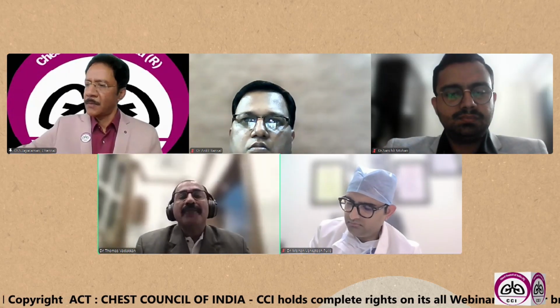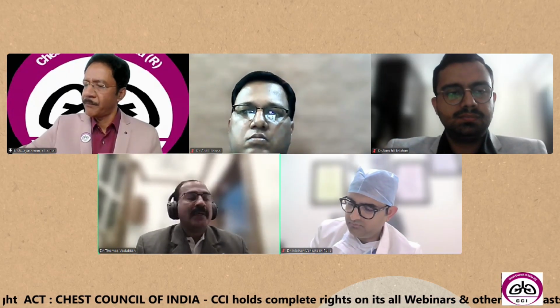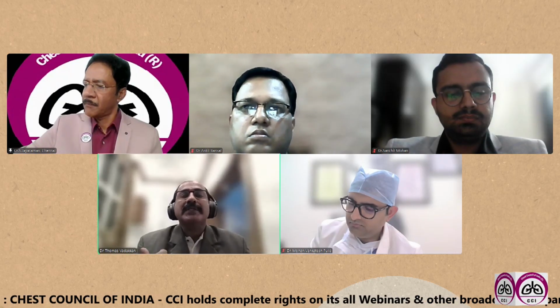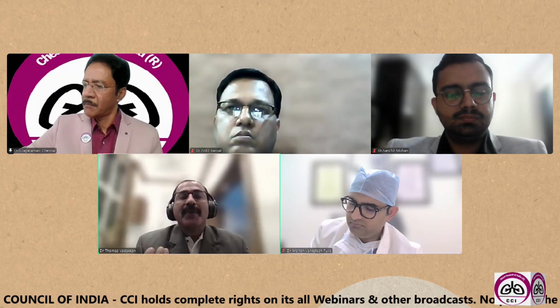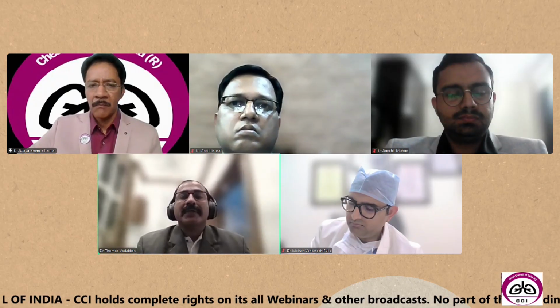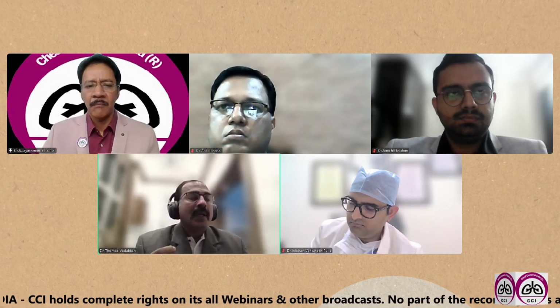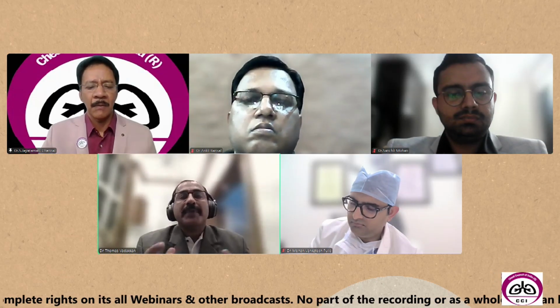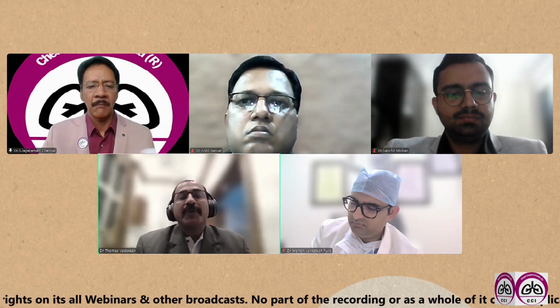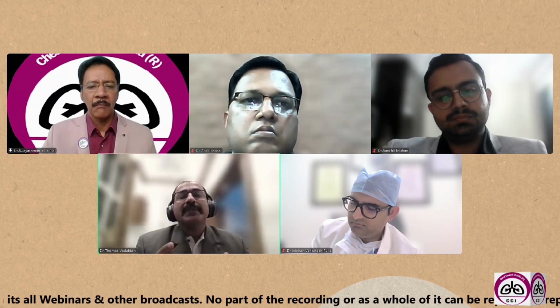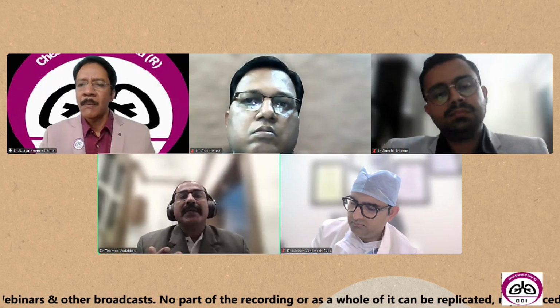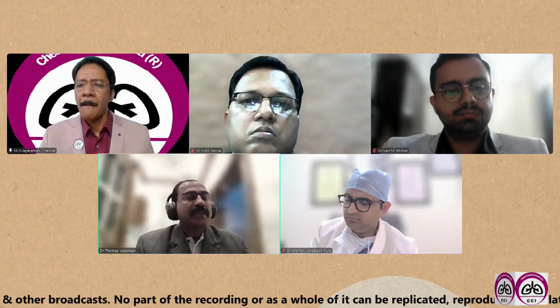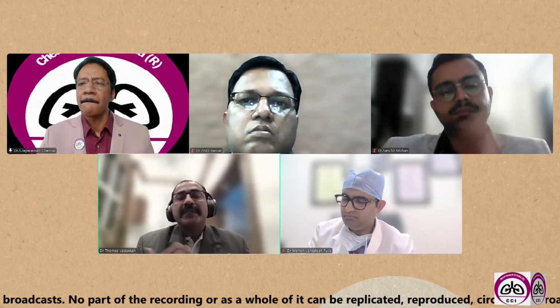The third aim of EBUS in lung cancer beyond staging is therapeutic, like intranodal drug therapy, or intranodal placement of fiducials to plan radiotherapy, because this procedure is safer than CT-guided placement. So these are a few indications beyond staging for EBUS.